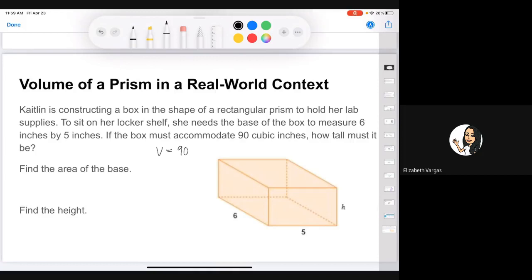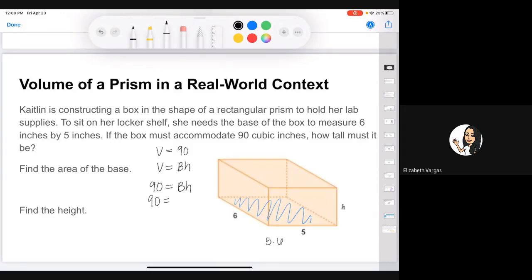Well, I know that volume is equal to base times height. So I have 90 is equal to base times height. How do I find my base? Well, it's equal to the area of my base. So this is a rectangle, so 5 times 6, length times width.